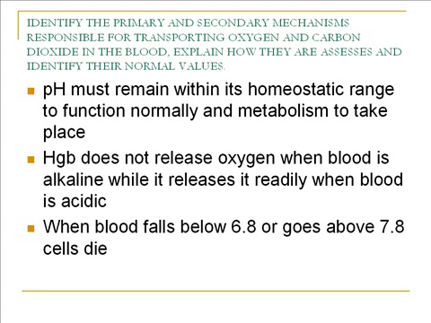Instead, it releases it when our blood is acidic, which makes sense because if you're doing a lot of exercising, then at your cellular level you're going to have a lot of carbon dioxide because you've been making a lot of ATP. The other thing to think about here is the dangers. If your blood pH falls below 6.8 or goes above 7.8 to 8, your cells will die.